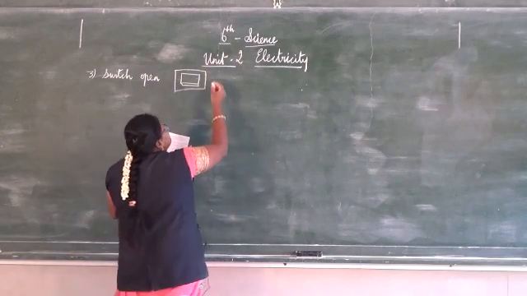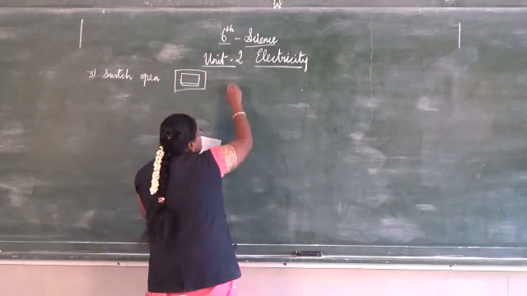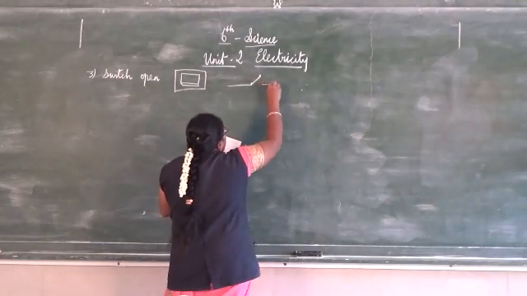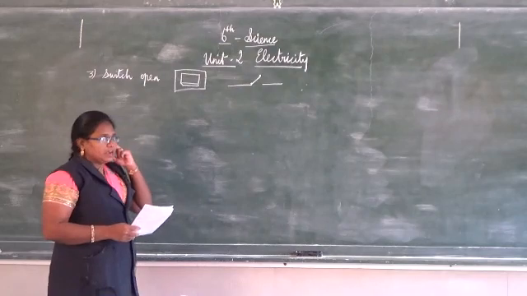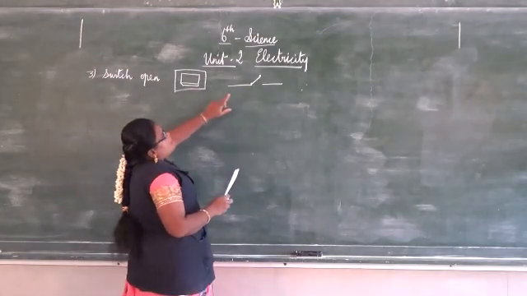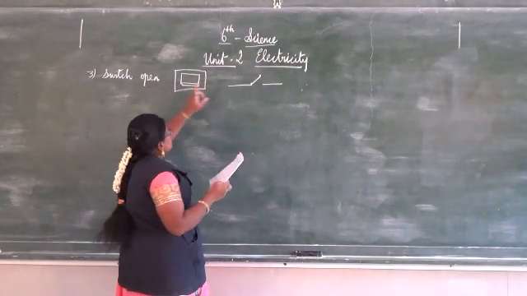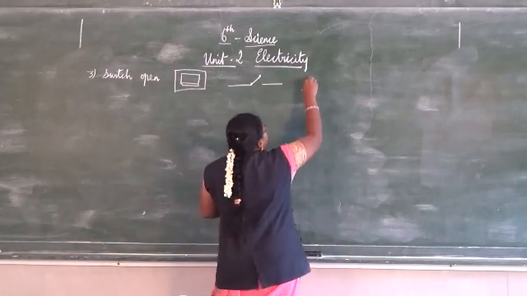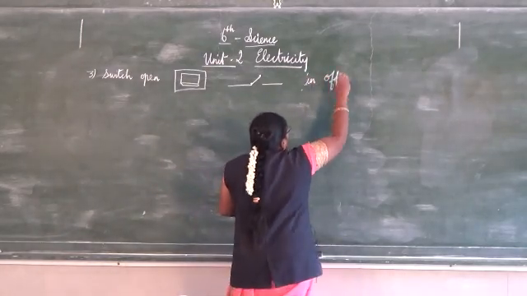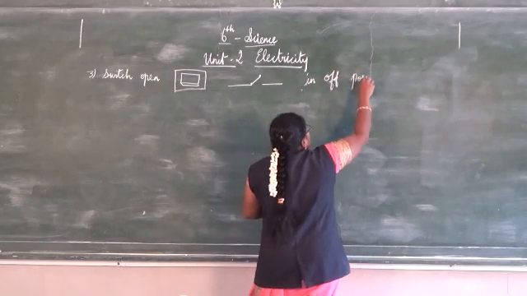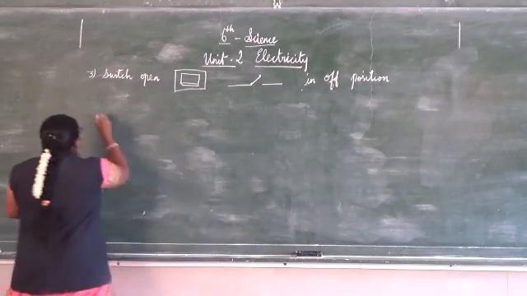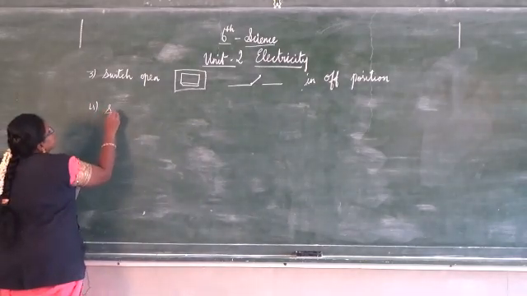Okay, so open means, see, okay children, this is the symbol for it. Understand? So it is open now. The symbol for switch open is this, what they say is the off position. Okay, next, fourth one, switch close.